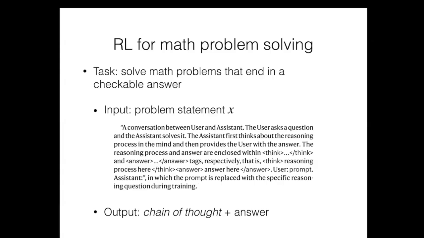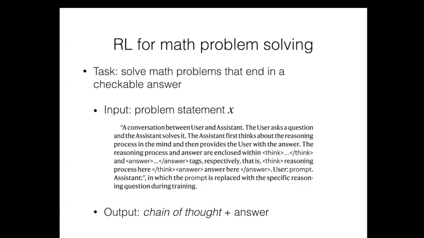Okay, so here, the input is a problem statement, and then here's the actual prompt that they're using. So again, it's some kind of conversation, and as I mentioned, they're going to ask the model to output some chain of thought or some reasoning and put it inside of these think tags. Then they're going to have the model output an answer in the answer tags. And then this answer will be what is parsed and what the reward is computed on.